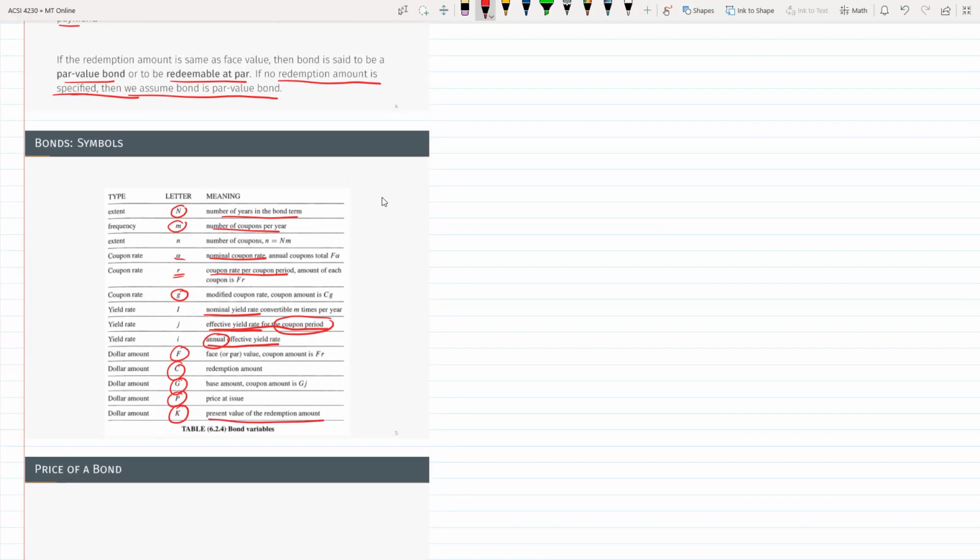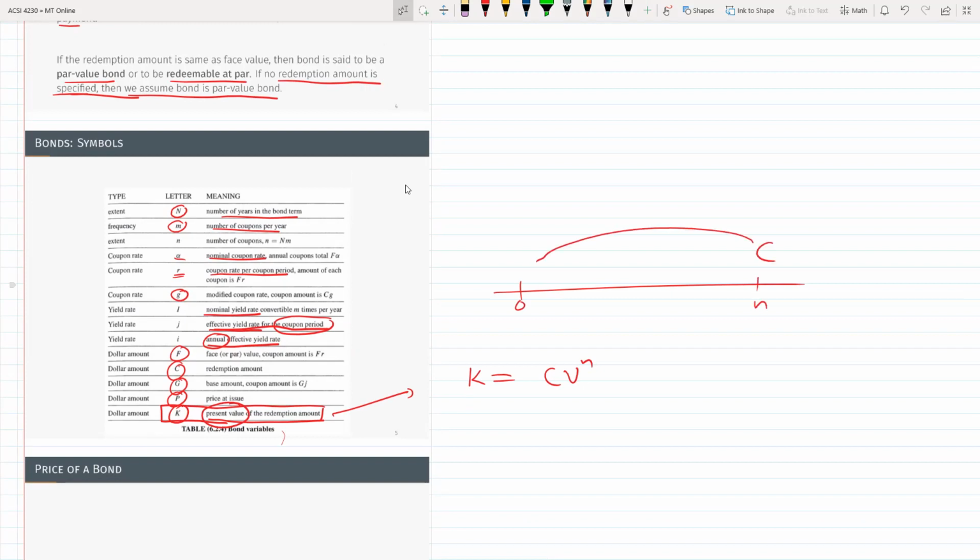Present value of the redemption amount. The notation is K. So basically what this means, K equals CVN. Why? Because present value. You have this bond 0, somewhere here N, that's C, then you bring it to 0. Vn, this is K. So K is CVN, or present value of redemption amount, not the coupon amount. Just the redemption amount.